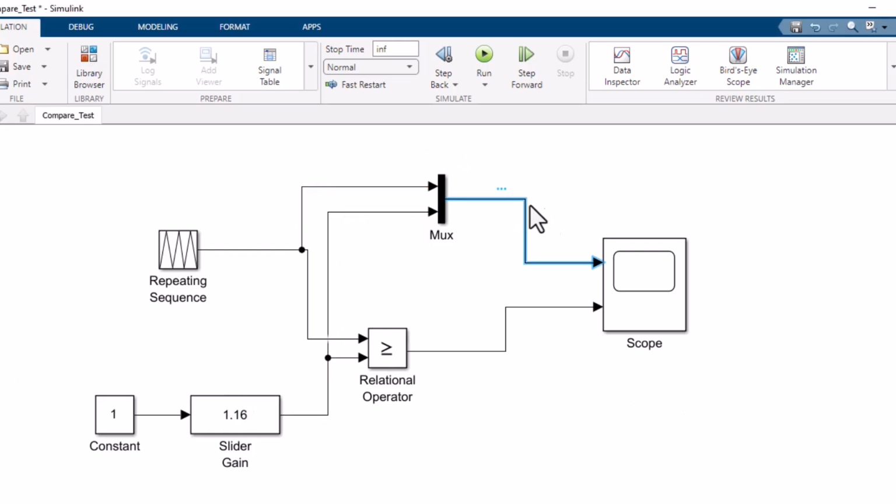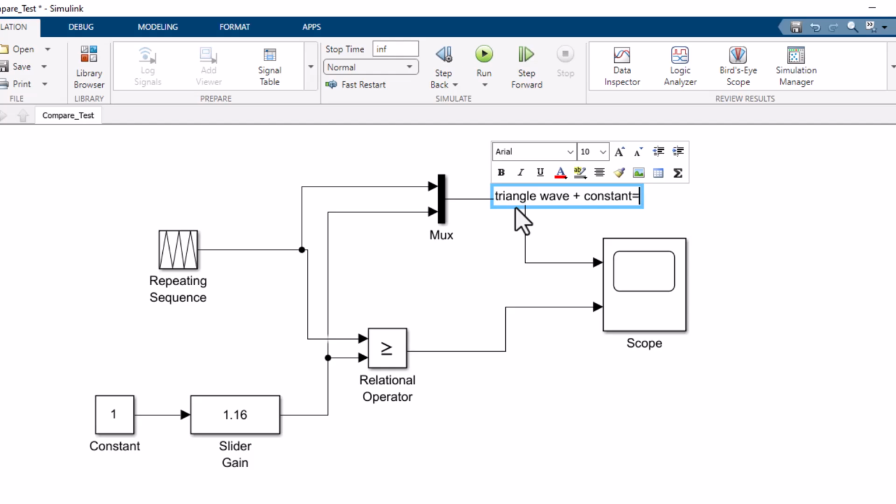So in this we have both signals. You can write this as the triangle wave plus the constant, so actually it's the intersection.